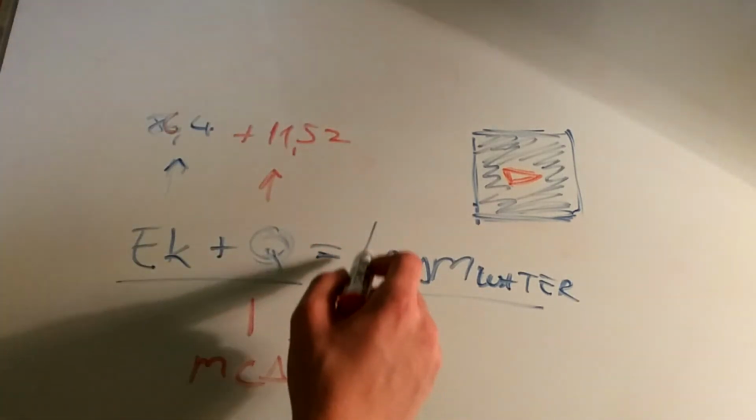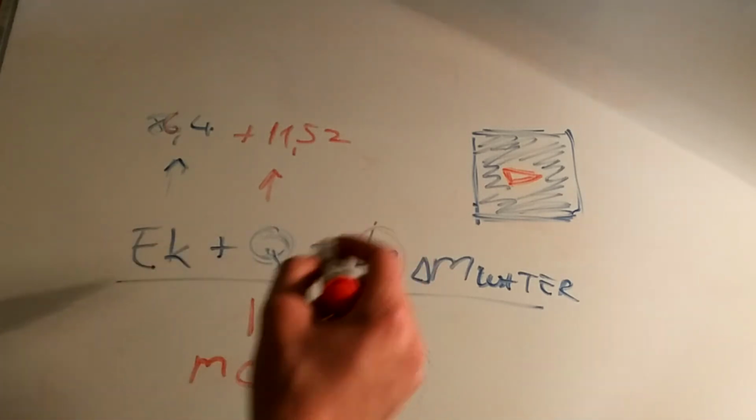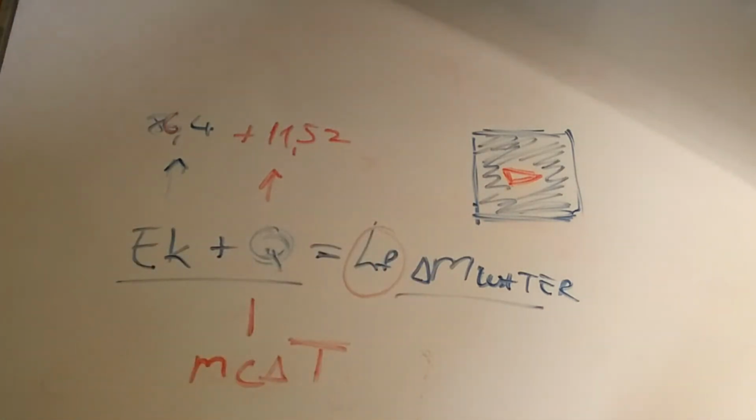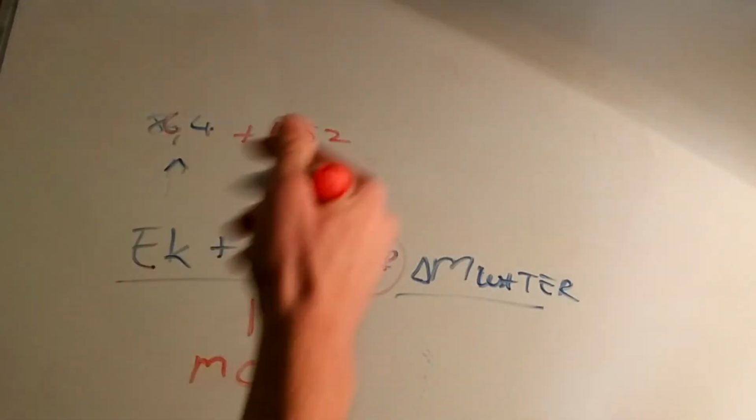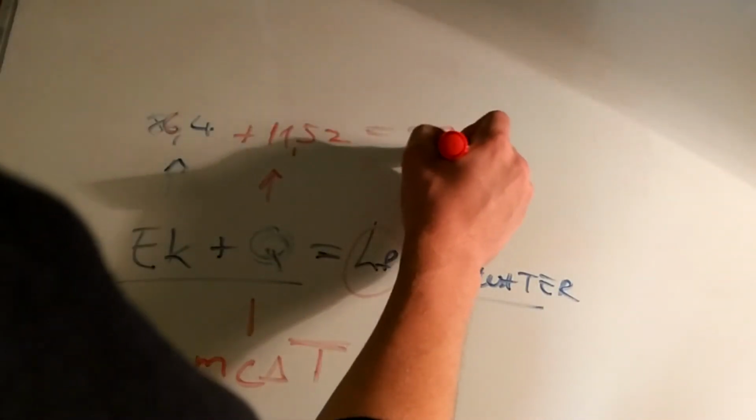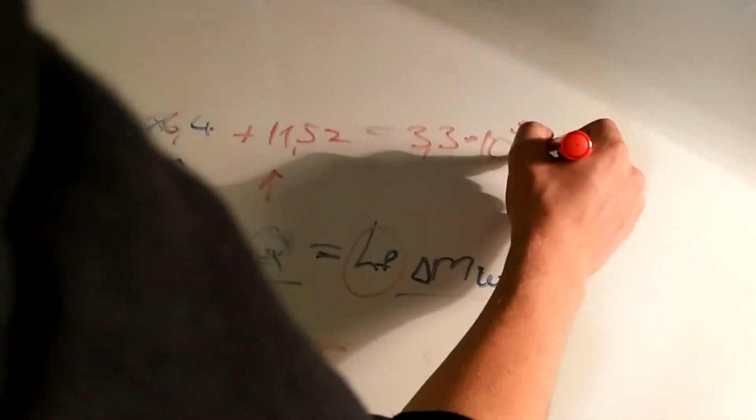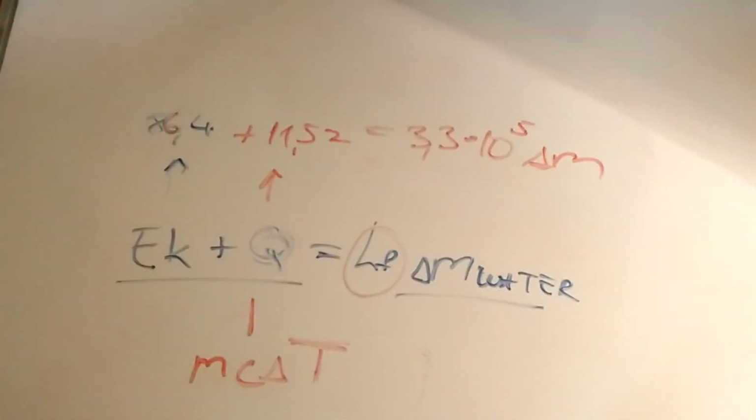And for the latent heat of fusion of ice, we have that it's equal to 3.3 times 10 to the power 5. So this is equal to 3.3 times 10 to the power 5 times delta m.